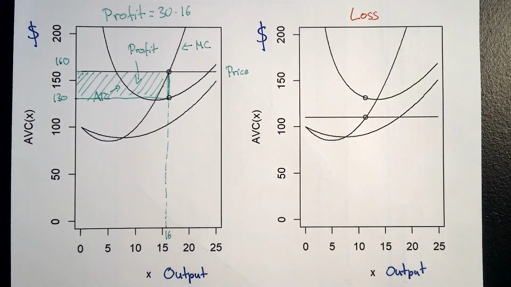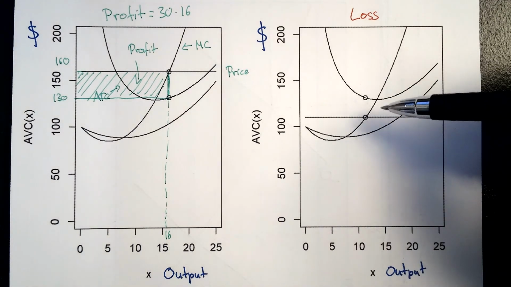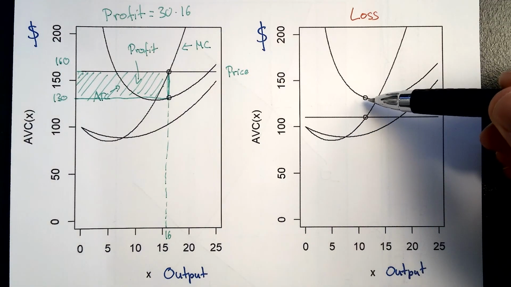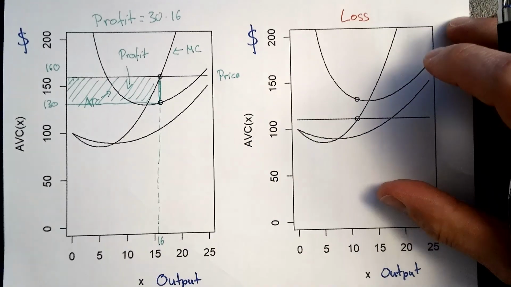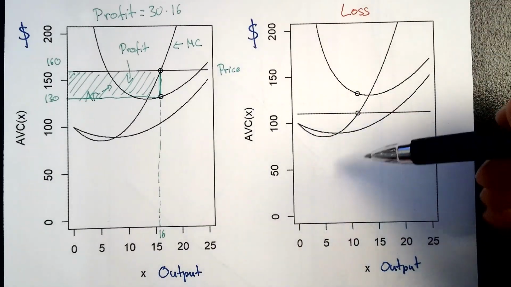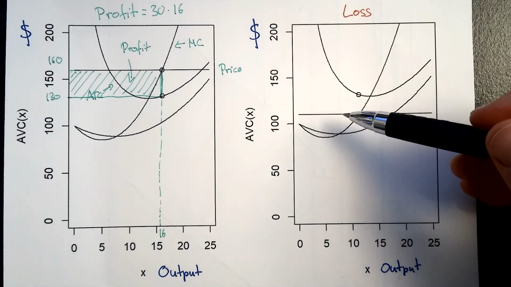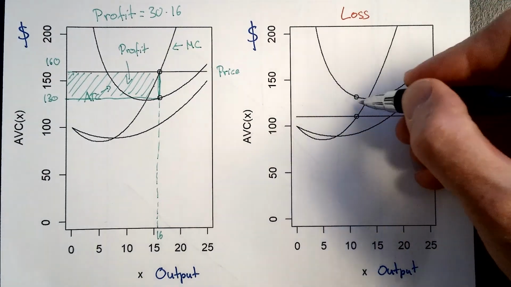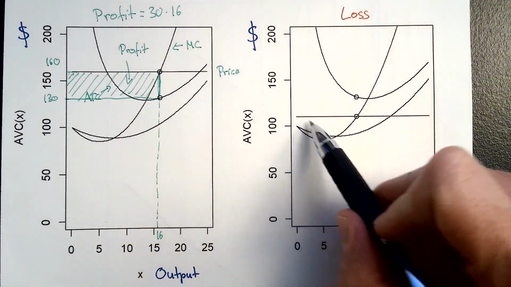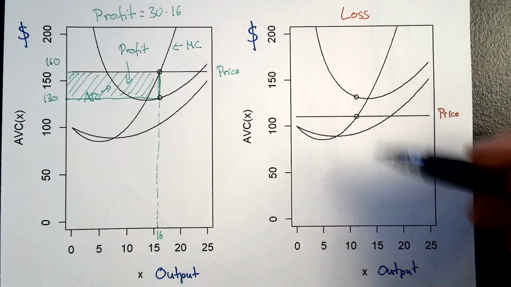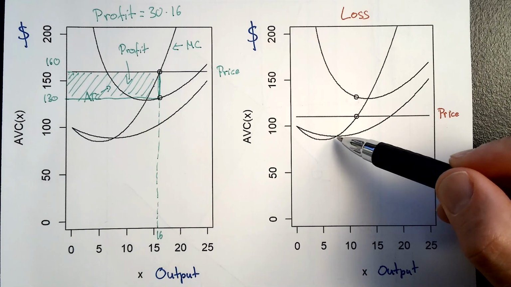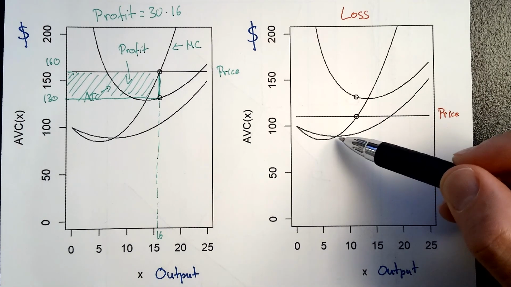Okay. Now let us have a look at what happens if the price is actually below the average total cost. Now in this case here, note that this is a situation where the firm is still producing. So the firm is setting the price equal to the marginal cost. Okay, note the firm is still producing because the price is above the average variable cost.